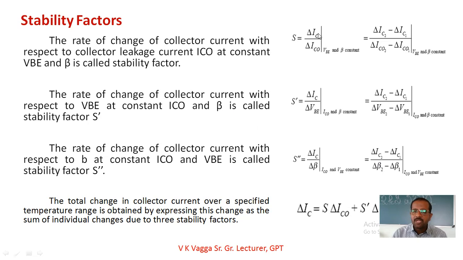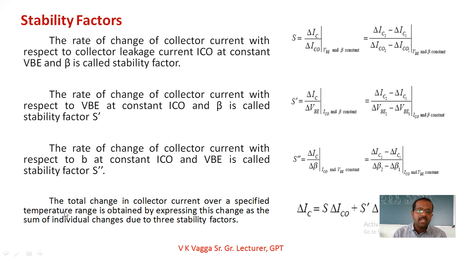If the output current delta IC changes with respect to the leakage current, at which VBE and beta are constant, it is indicated as S. If the output current changes with a change in VBE, at which ICO and beta are constant, it is called S dash. And if the output current changes with respect to change in the gain, delta beta, at which ICO and VBE are constant, it is called S double dash.